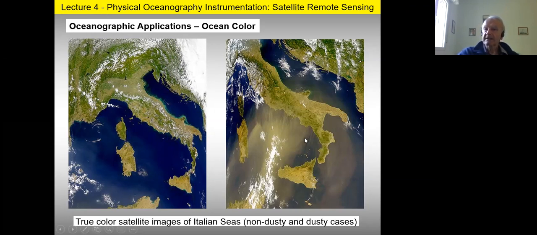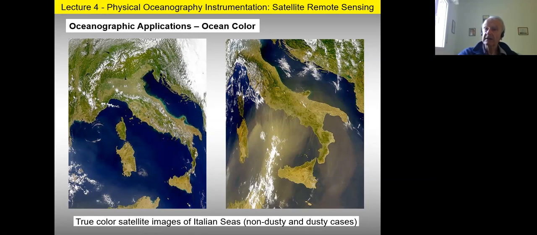Here is another interesting satellite image. This satellite image shows not only what is going on in the ocean, but also what is going on in the atmosphere above the ocean. What we can see here is this huge yellowish, brownish area, which is not associated with the wind or the sea.